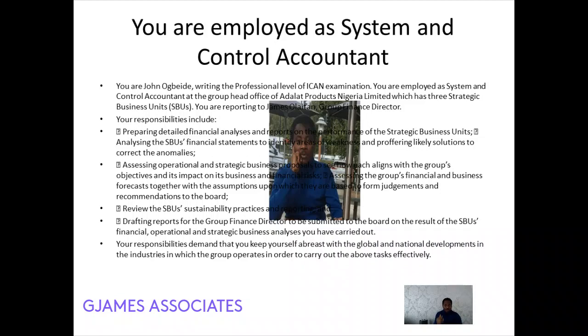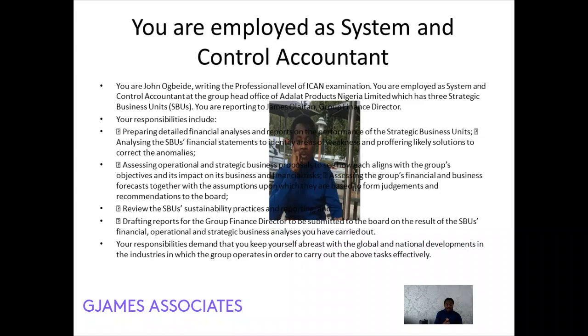The preparation of strategic statements, preparation of financial analysis, assessing operational and strategic business units, and making recommendation. You must review the business units and the group for sustainability practices and ensure that they are adhering to policies. You must draft your report and send to the group financial director.